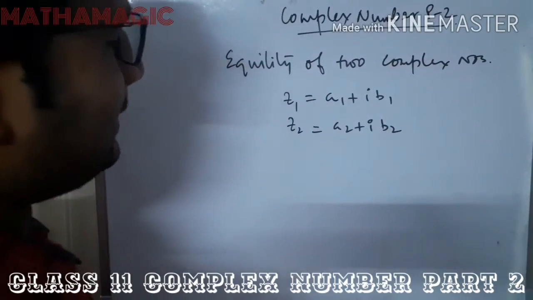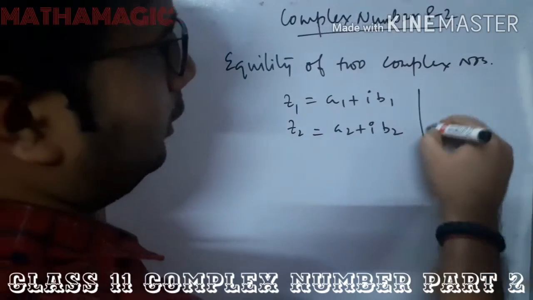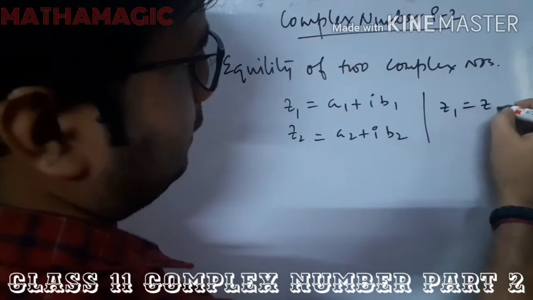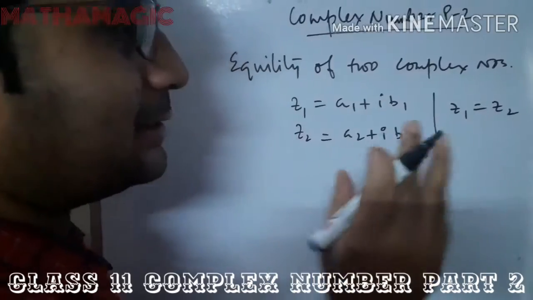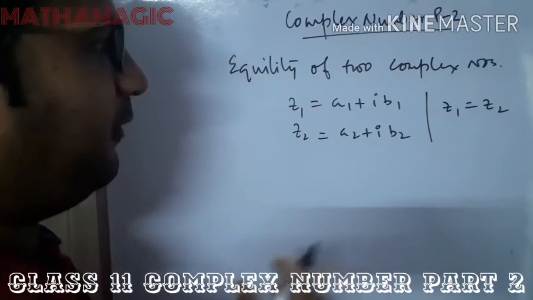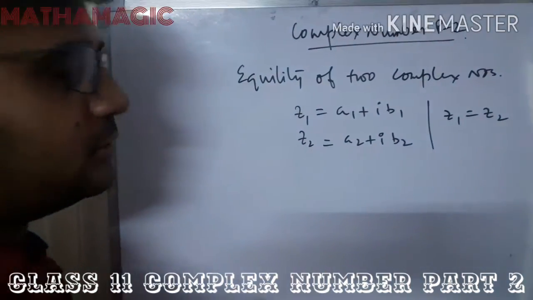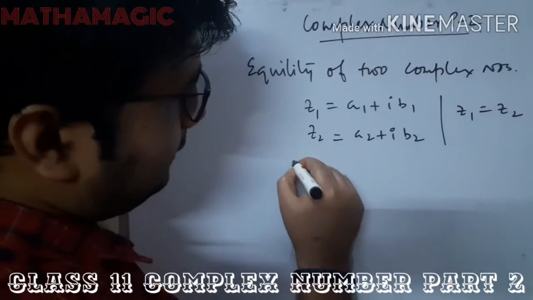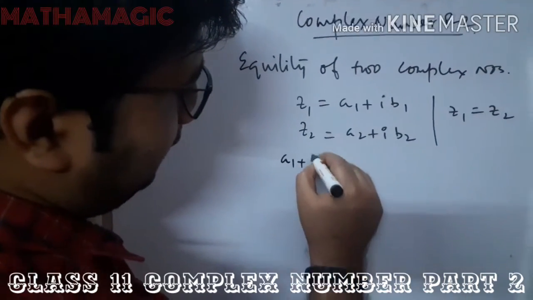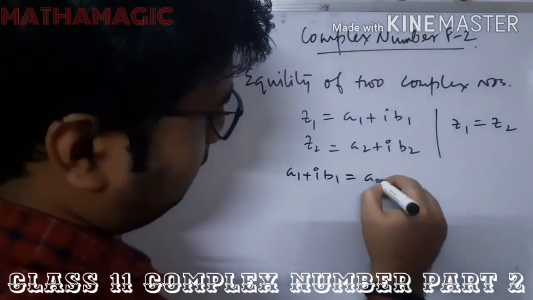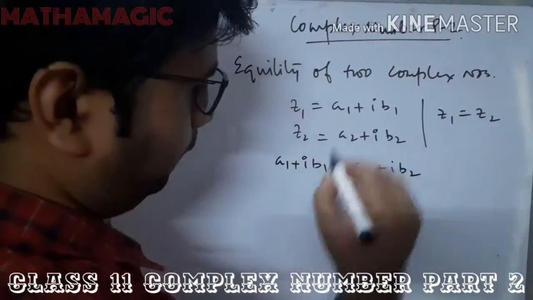Now, somehow it is given, or you have found out, that Z1 is equal to Z2. Now, Z1 is equal to Z2 means we can write that A1 plus IB1 is equal to A2 plus IB2.